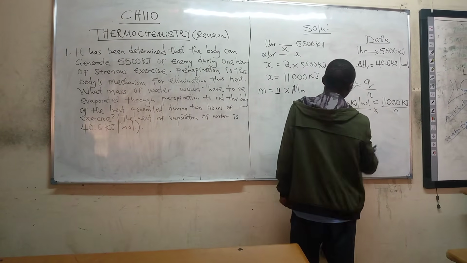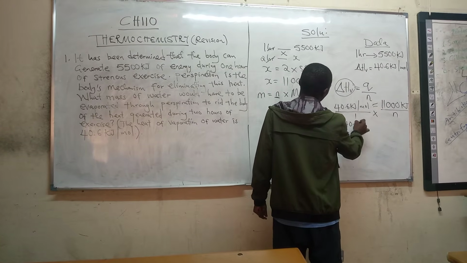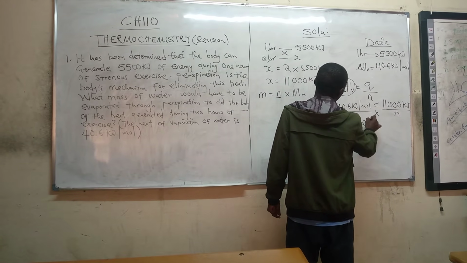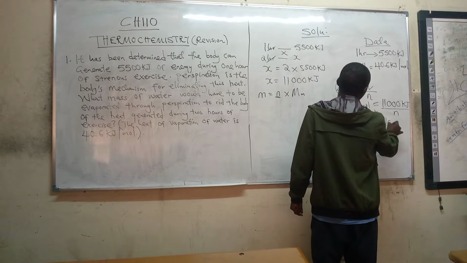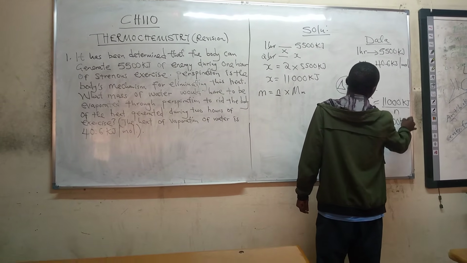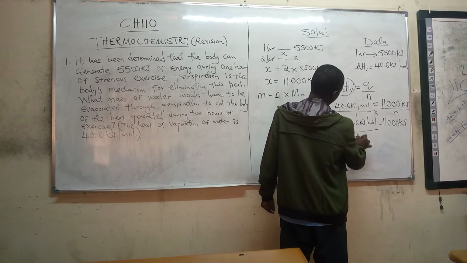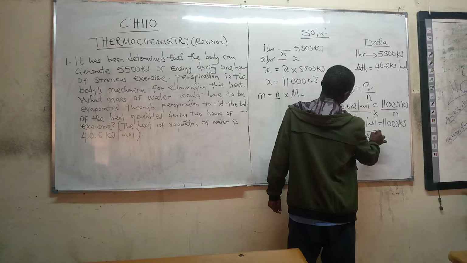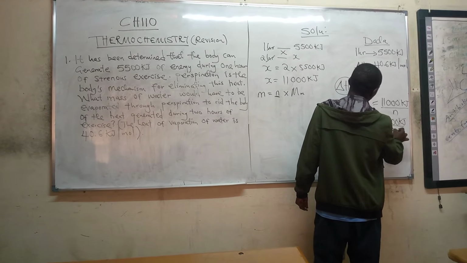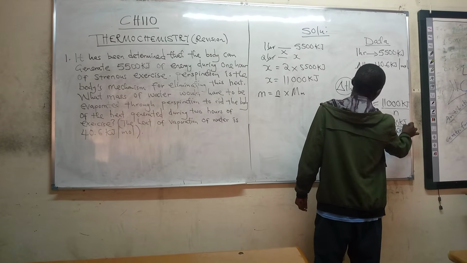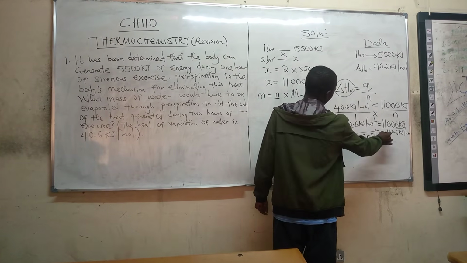After cross multiplying, you're going to have n times 40.6 kilojoules per mole is equal to 11,000 kilojoules. So you divide both sides by 40.6 kilojoules per mole. From there, these are going to cancel each other.